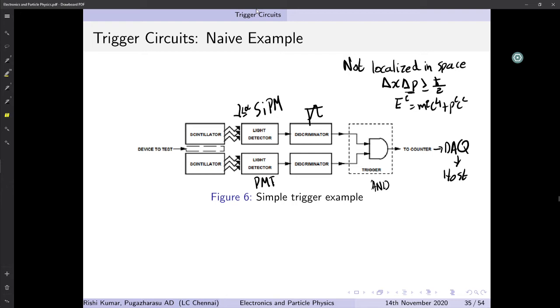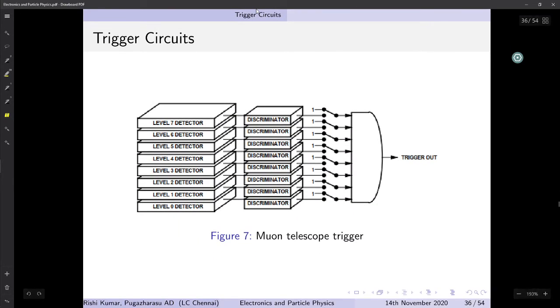Again, if we start from this, we can increase the complexity a lot more. As we've seen, we don't have a single trigger, we have triggers. That's what happens in this muon telescope case. It actually uses several floors of detectors.